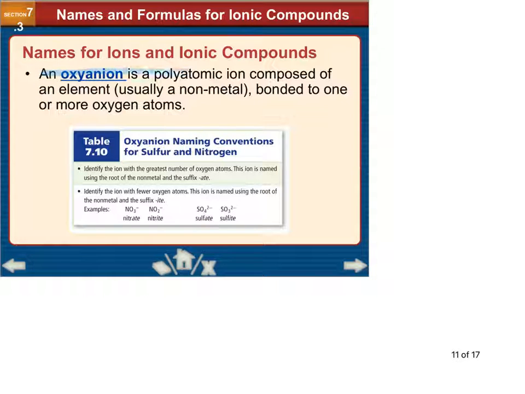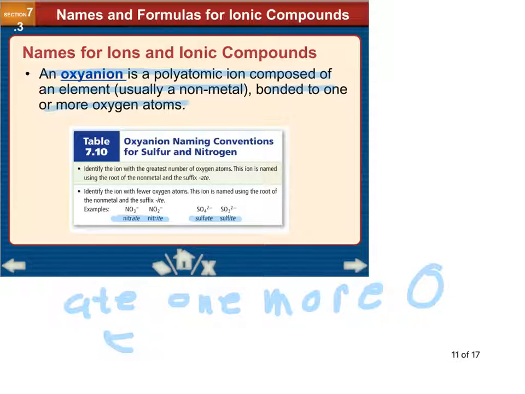And then we got oxyanions, a special type of polyatomic ion. It's an element, most of the time a non-metal, bonded to one or more oxygen atoms. So things such as nitrate, nitrite, sulfate, and sulfite. The key idea here is the -ate ion will always have one more oxygen than the -ite.